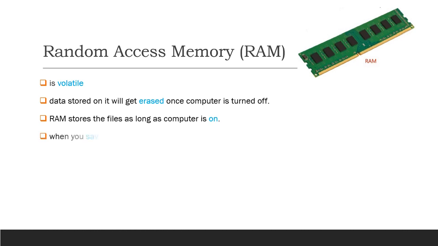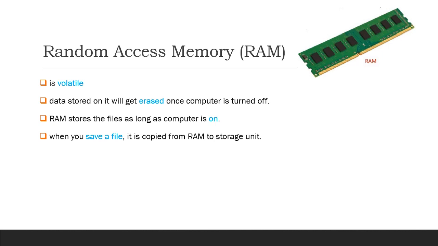And when you save a file, what is happening? Whatever is in the RAM, once we save it, a copy of it is moved from the RAM to the storage unit, that is the secondary storage unit.